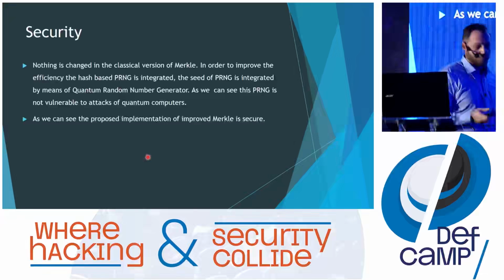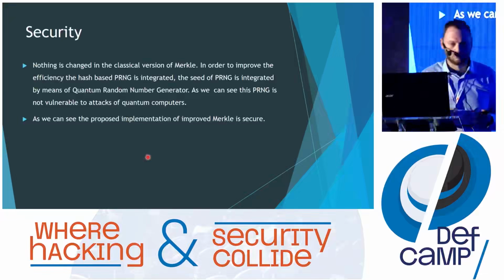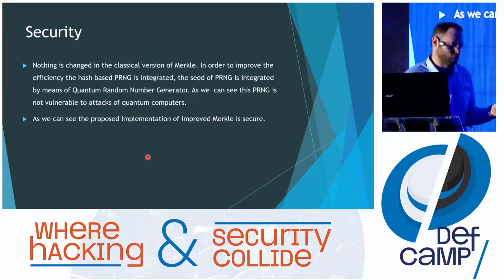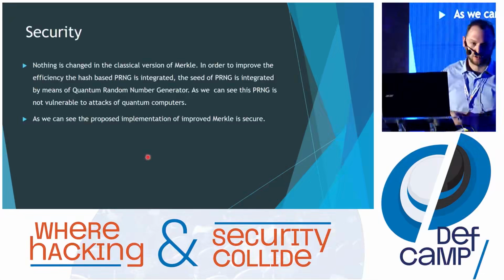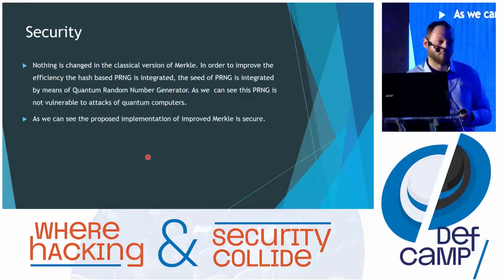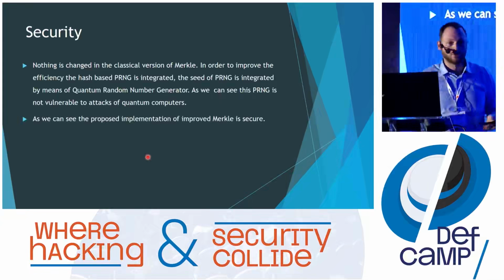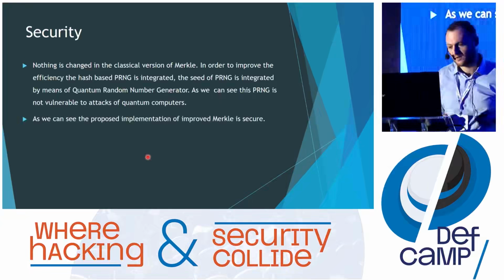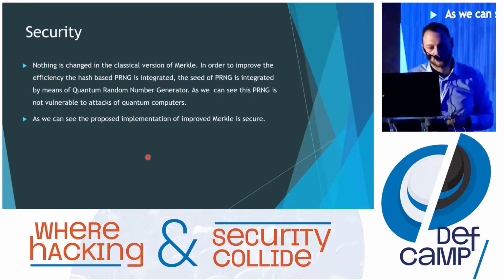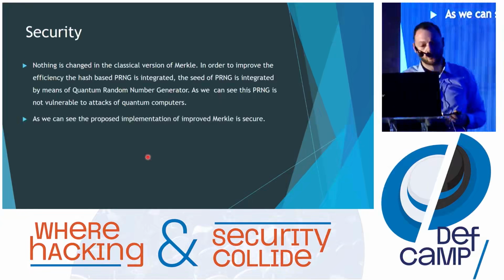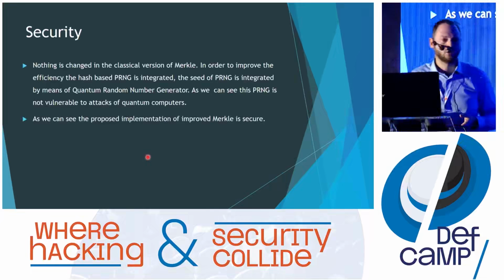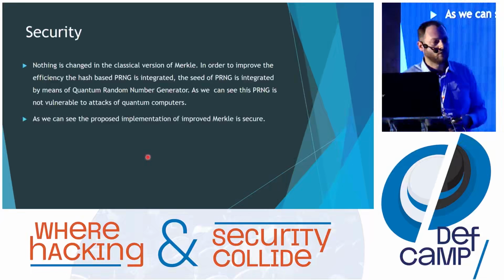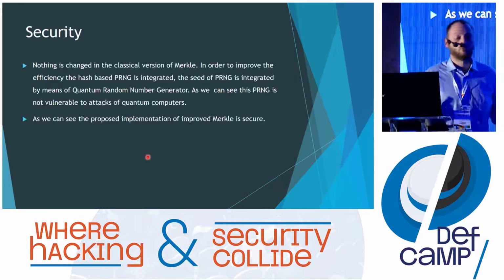About the security, of course, the system is secure, because what we changed in the classical Merkle scheme is only that we integrated a pseudo-random number generator that is quantum resistant, because it uses hash functions. As you will see, we used SHA-512, and as a seed, it gets a really random seed from the quantum random number generator.